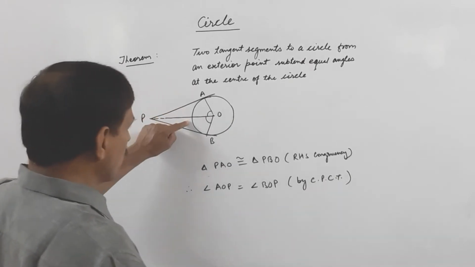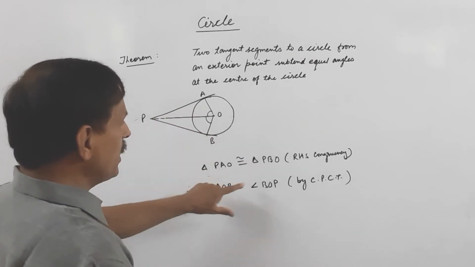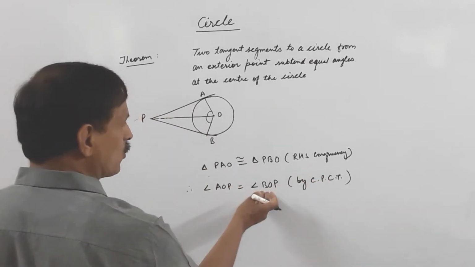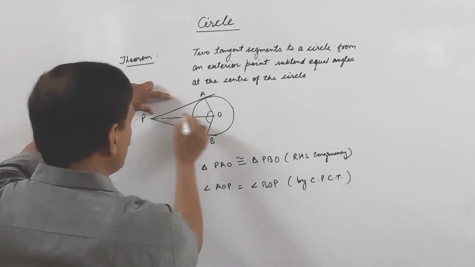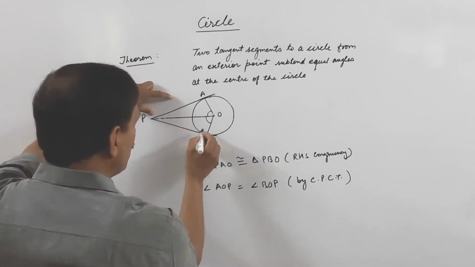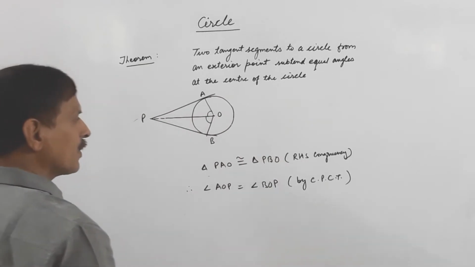Because the two triangles are congruent, the corresponding angles in the two triangles will be equal. So by CPCT we prove that AOP is equal to BOP, hence PA subtends angle POA and PB subtends angle POB at the center, and these angles are equal.